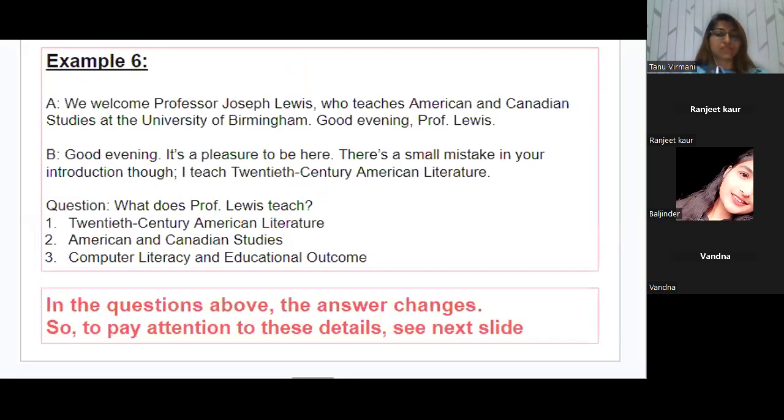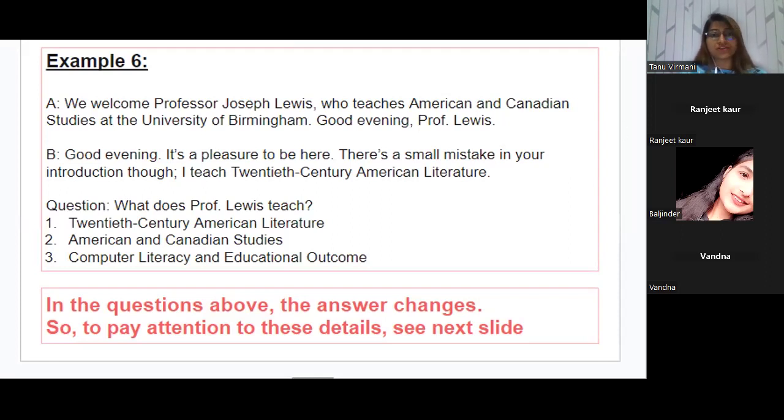This is example number 6. Now you have to select the correct answer here. There are 2 people. The question says, what does Professor Lewis teach?